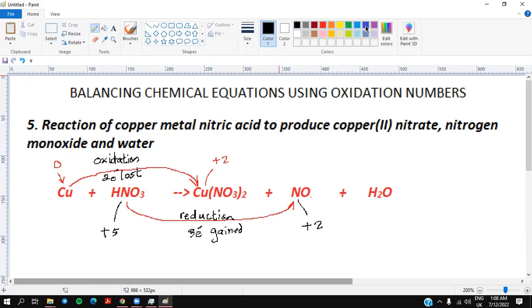Now the multiplication begins. Because we have for oxidation 2 electrons lost and here 3 electrons gain, I multiply this one by 2 and this side by 3.